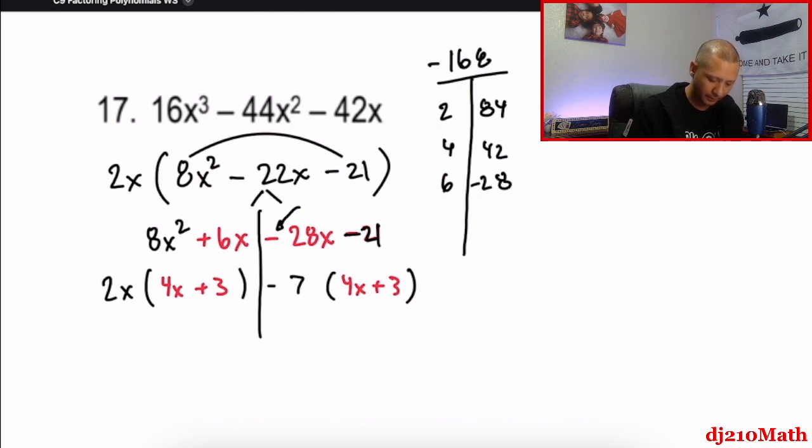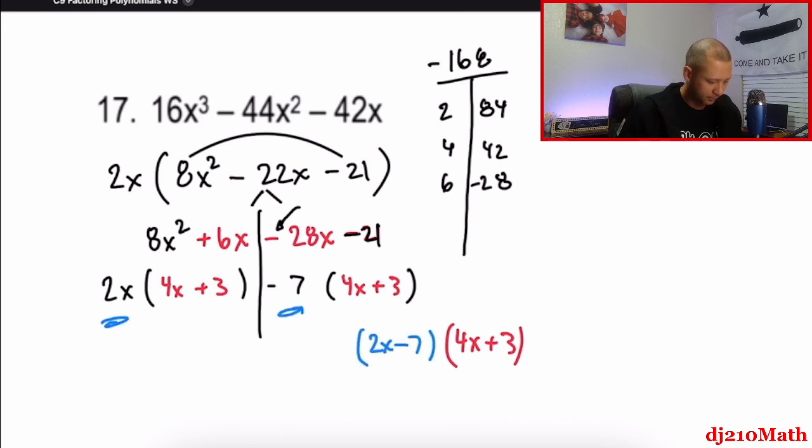So this is going to be 4x plus 3, and then the outside part's 2x minus 7. Okay. And then don't forget about the original GCF, 2x.